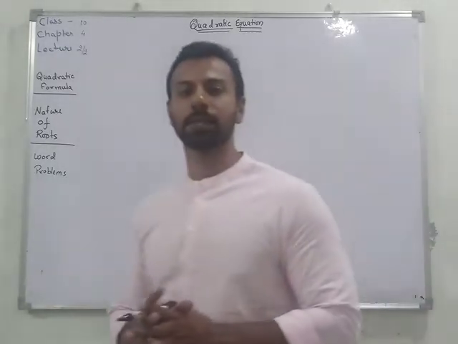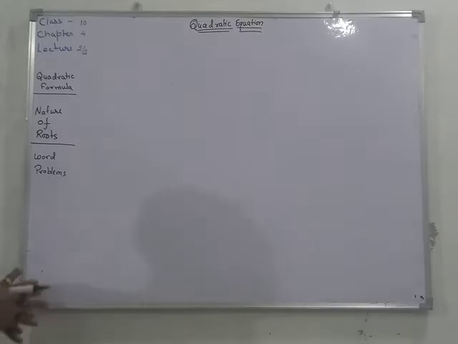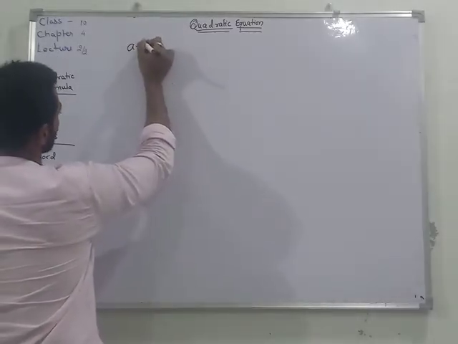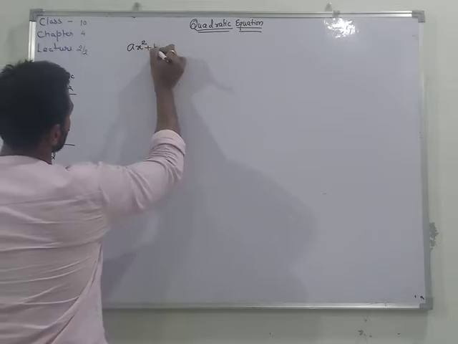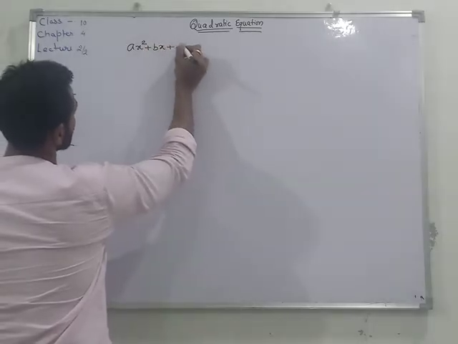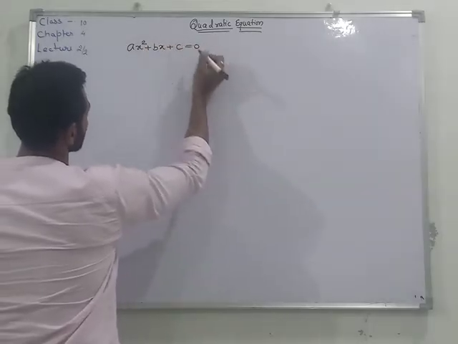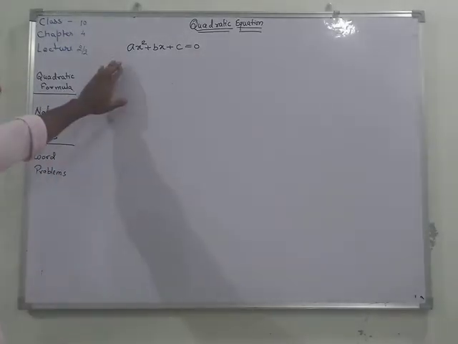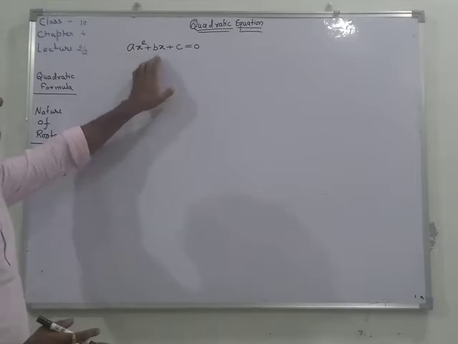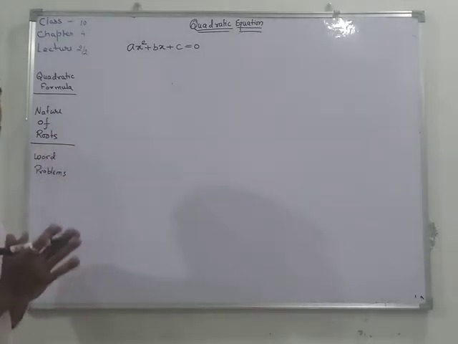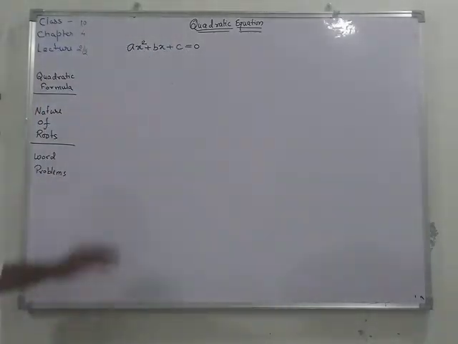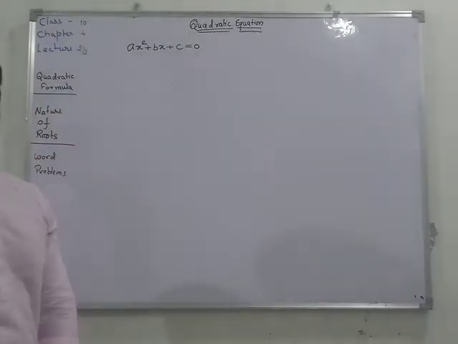We know the general expression of the quadratic equation can be written as ax square plus bx plus c is equal to 0. The general equation for the quadratic equation is ax square plus bx plus c is equal to 0. Now I am dividing this general equation by a.